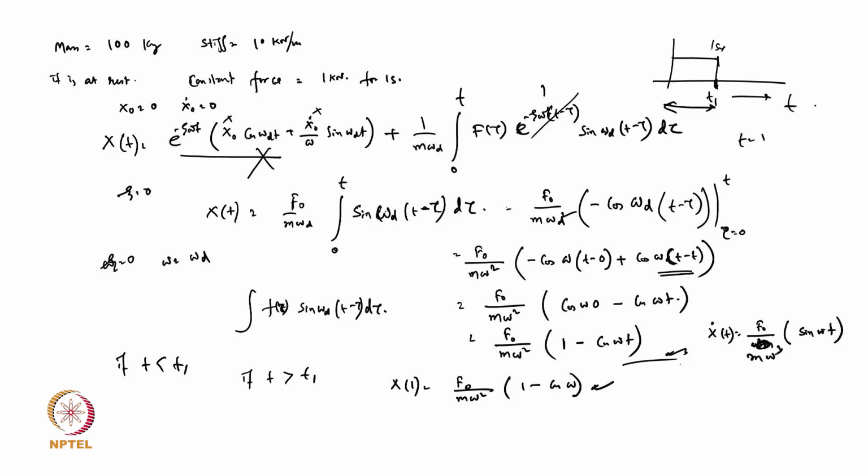So now here also if you put that 1, that will be f0 by m omega cube into sine omega. So that too will become your initial condition, and then you will solve for the rest of the thing.